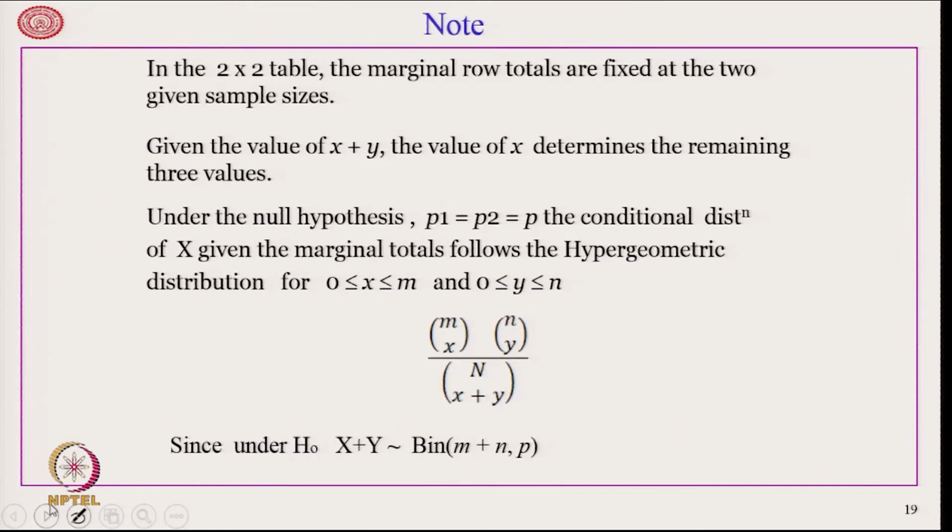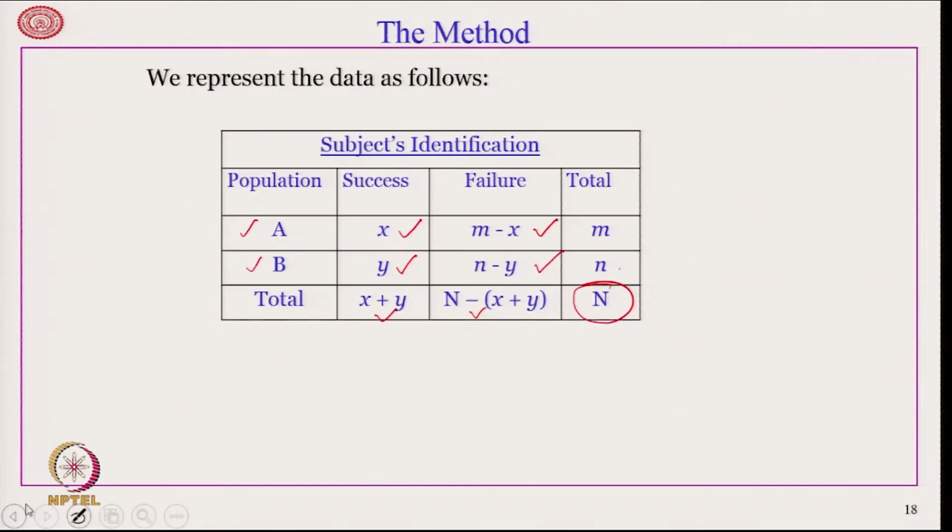In the 2 cross 2 table, the marginal row totals are fixed at the two given sample sizes, and also x plus y is given. Therefore, given x, we can easily determine the remaining 3 values. Because we are given m and n, these are fixed, and also we are given x plus y.